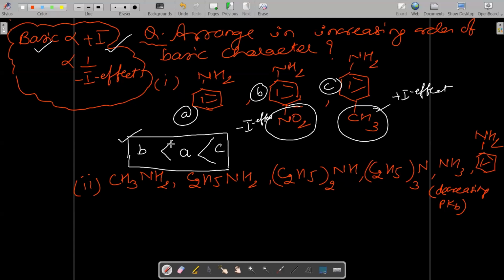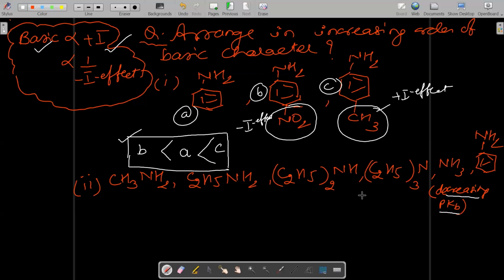I hope it is clear, right? Okay. Now the next example. I have given 6 compounds: methylamine, ethylamine, diethylamine, triethylamine, ammonia, and aniline. And the question is: arrange in decreasing order of pKb value.